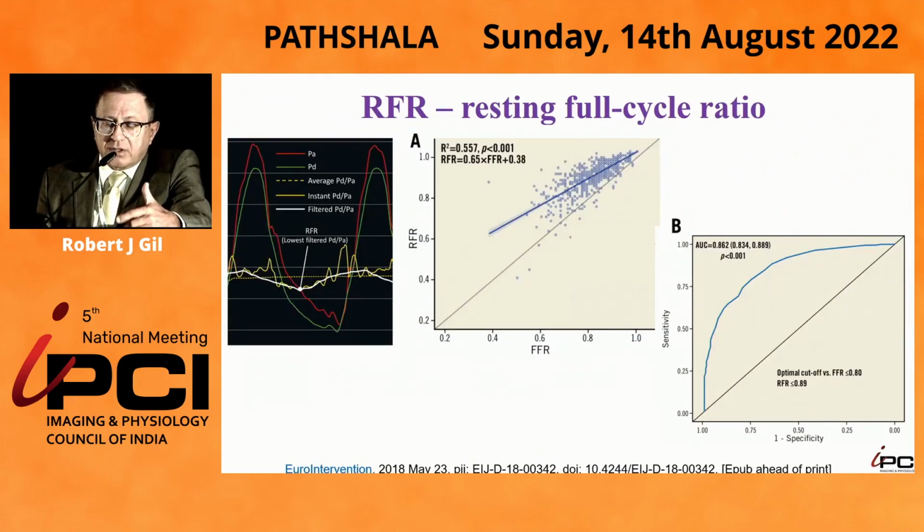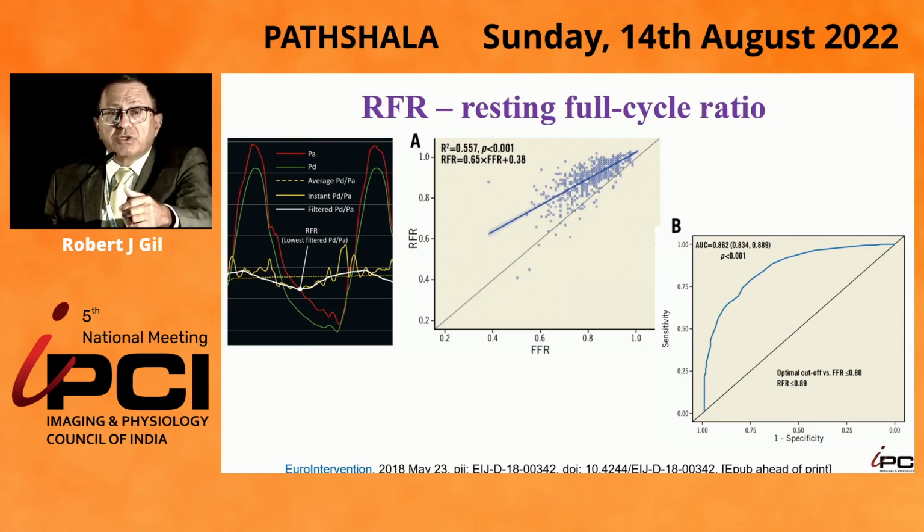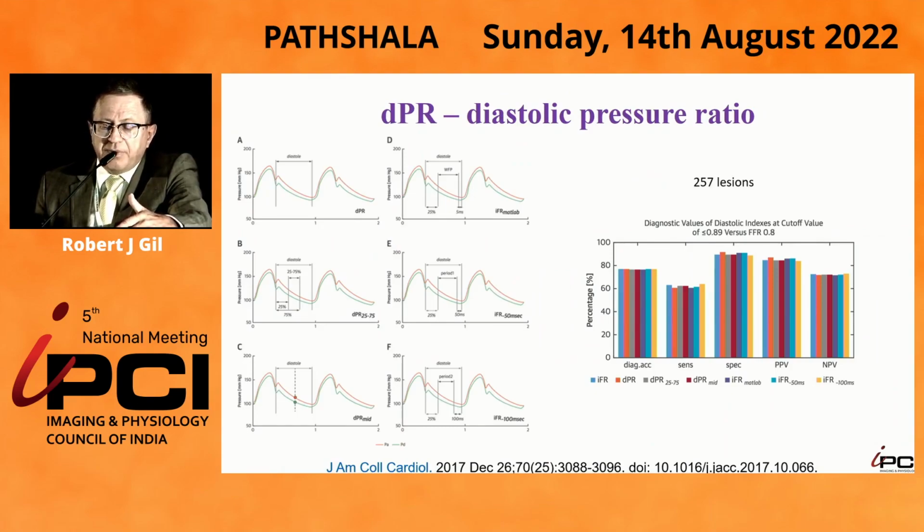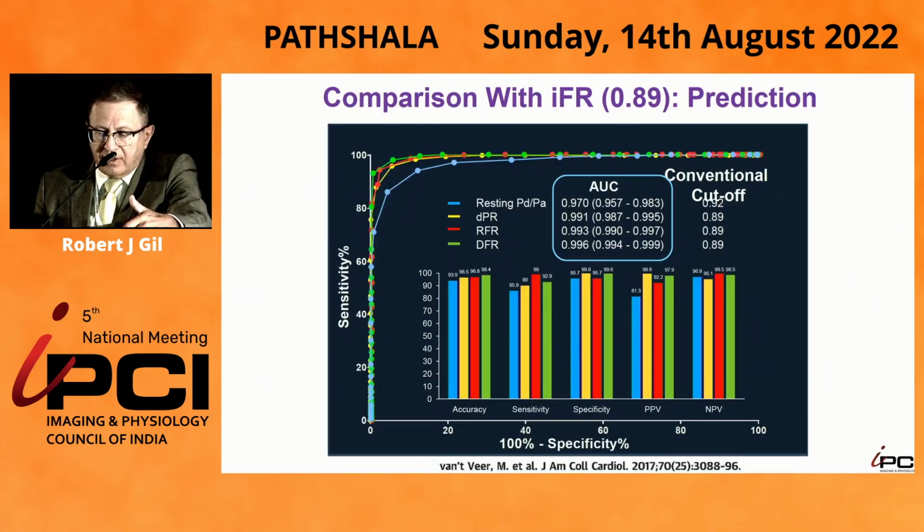RFR, this is the resting full-cycle ratio, the other non-hyperemic parameter, very well correlated with FFR. This is also available now from Abbott. DPR, this is the diastolic pressure ratio, also works quite well and is comparable with FFR.